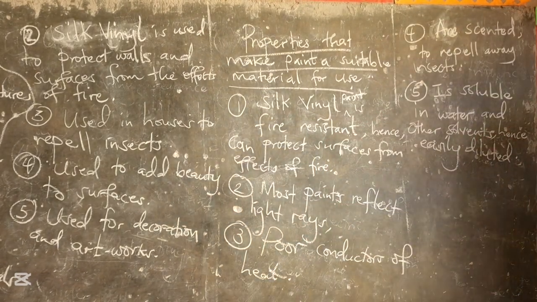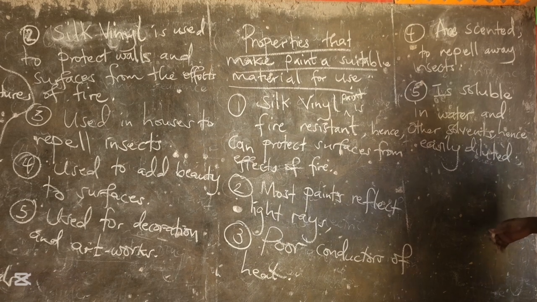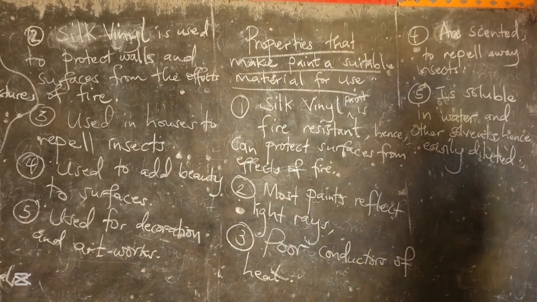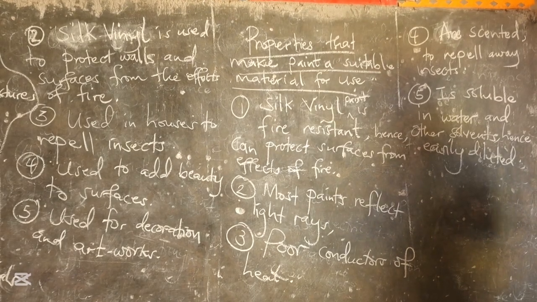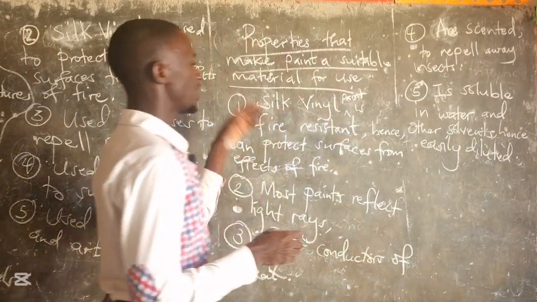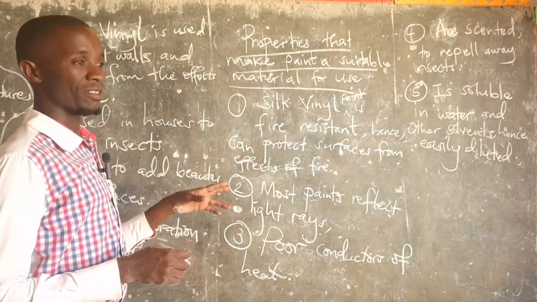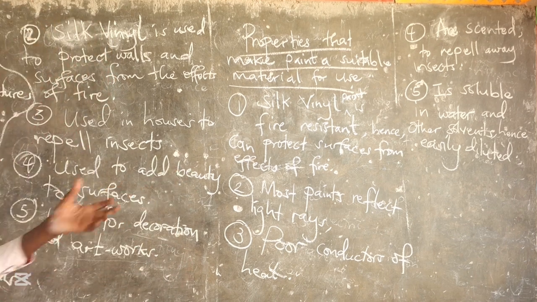So the paint can dissolve in any of the solvents: water, which is a universal solvent, and organic solvents such as paraffin and petrol. So this makes it easy to dilute. These are some of the properties of paint. There are very many others that make paint a suitable material for use. We can give more, but we cannot finish them. There are very many, but these are some of them.